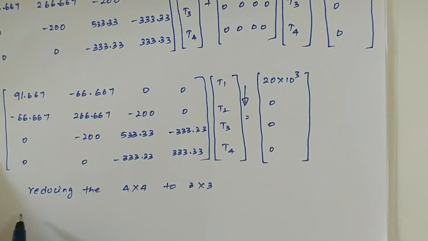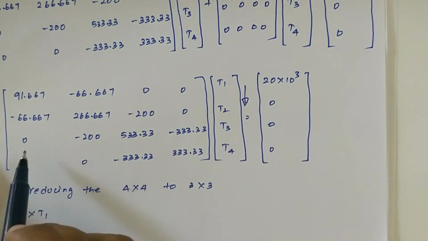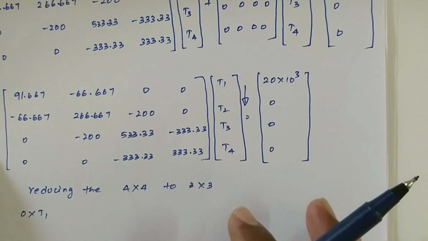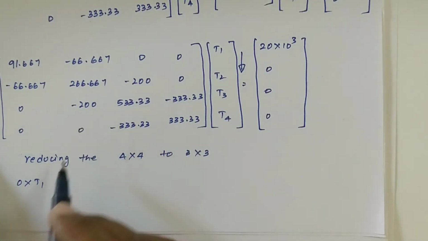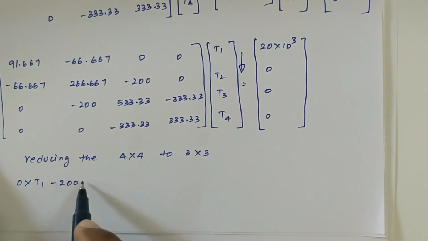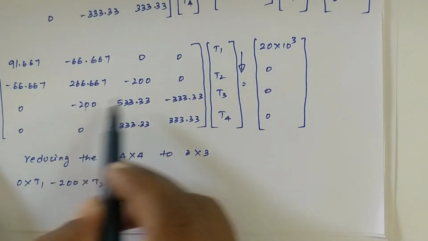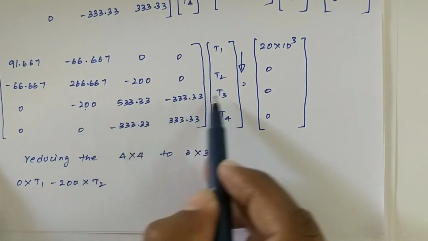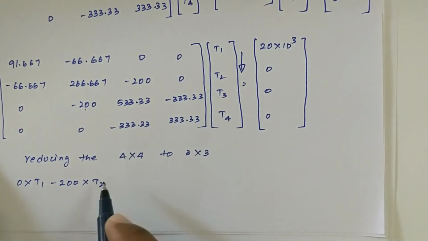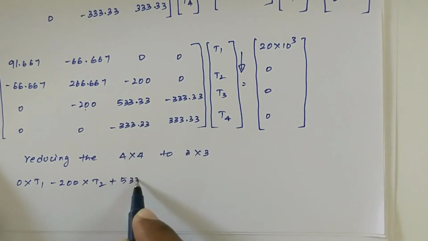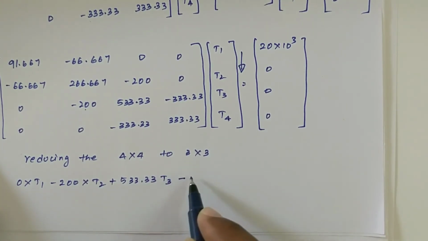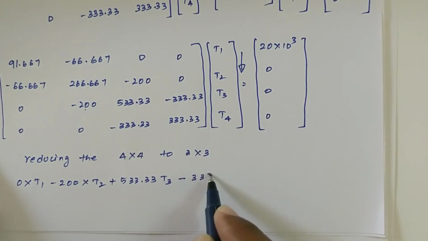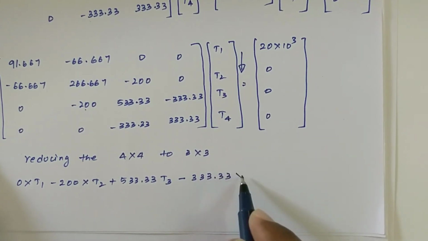So 0 into T1, minus 200 into T2, plus 533.33 into T3, minus 333.33 into T4.